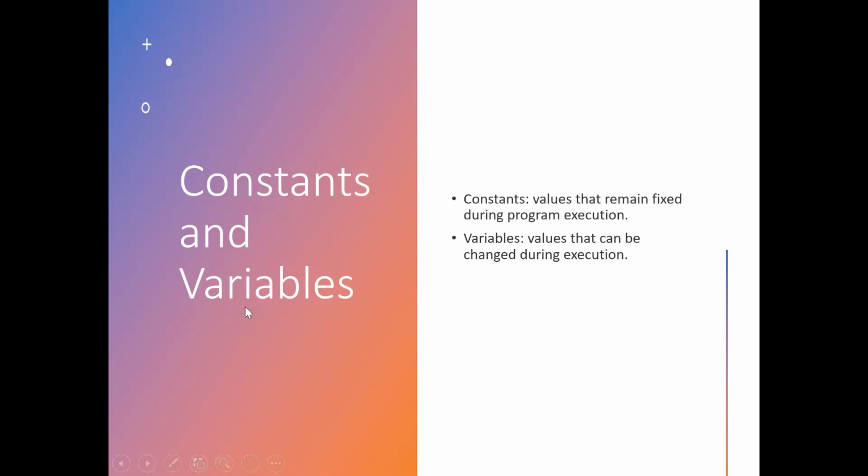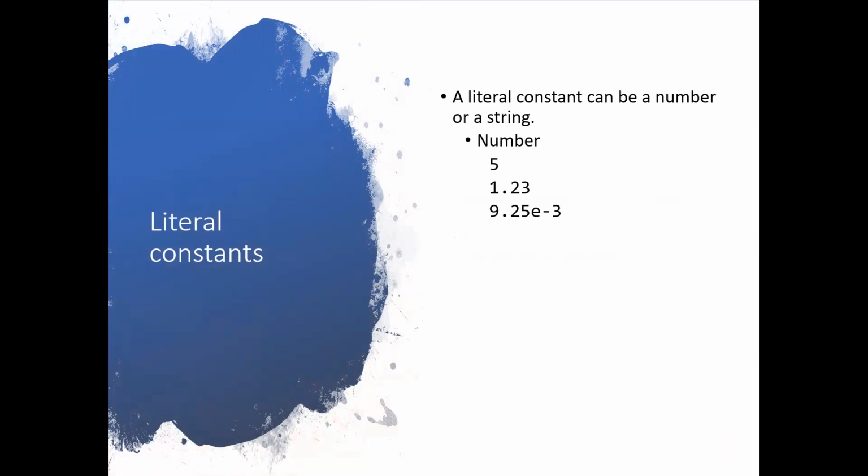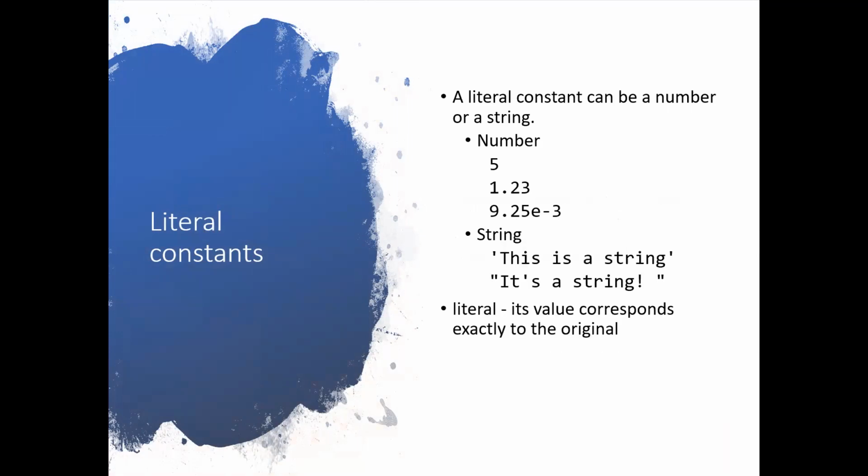So when you talk about variables and constants, first of all we have to learn about the numbers available in Python, the strings available in Python, and what forms you have.